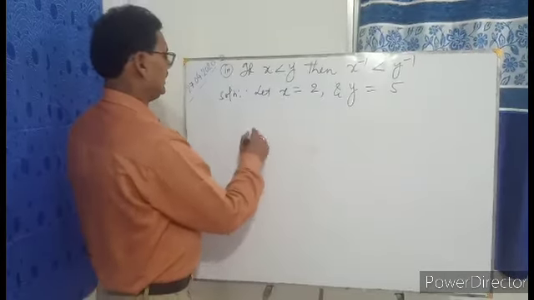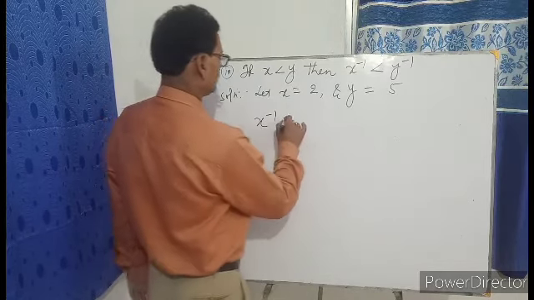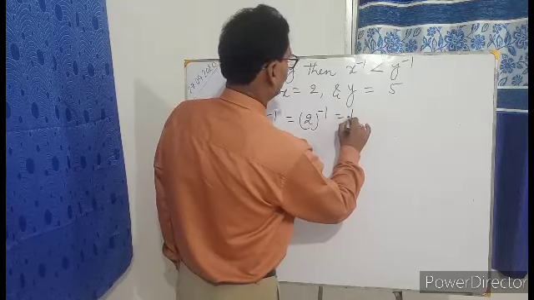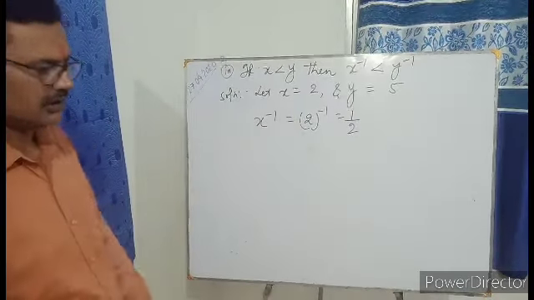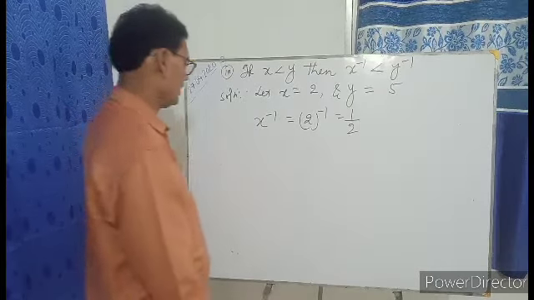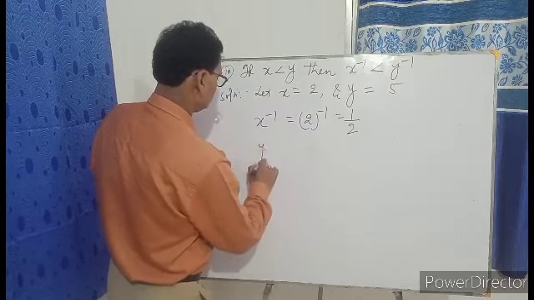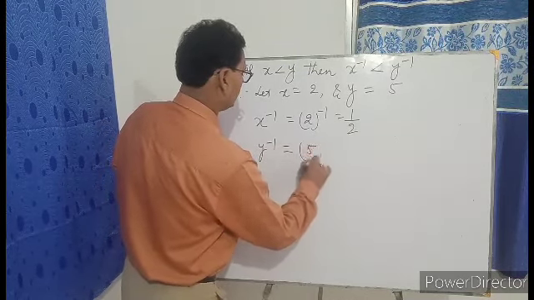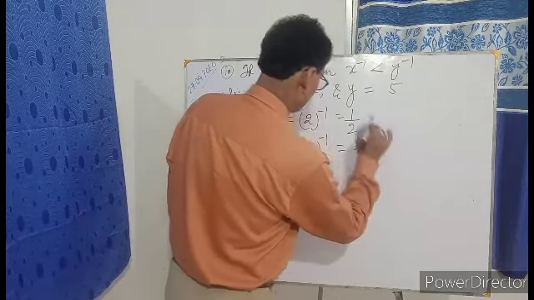Now let us have inverse of x is equal to inverse of 2 is equal to 1 by 2. You know the reciprocal of 2 is equal to 1 upon 2. Similarly, inverse of y, that is inverse of 5 or reciprocal of 5, that is 1 by 5.